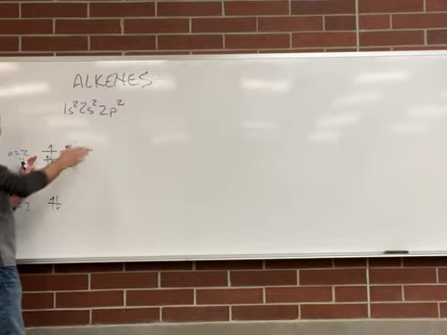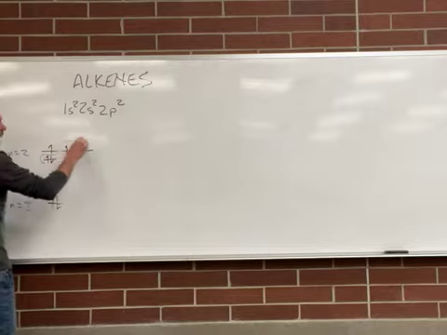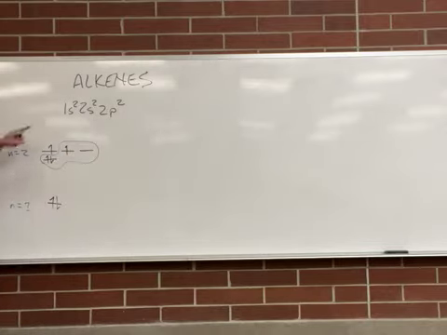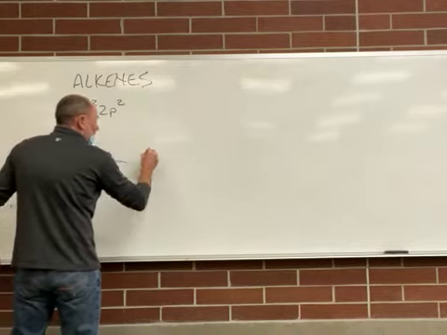I get an sp3, I get an alkane. But carbon, and it doesn't have a brain, can also hybridize a different way. It can say, what would happen if I left out one of the p orbitals? What if I just leave this one out, and I mix this one and this one?